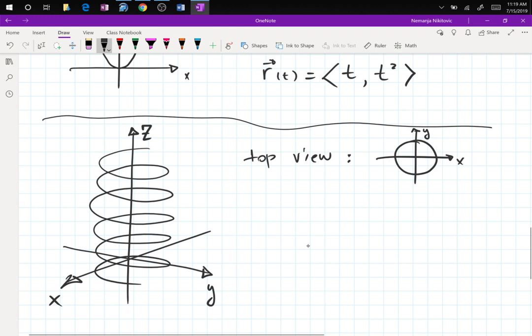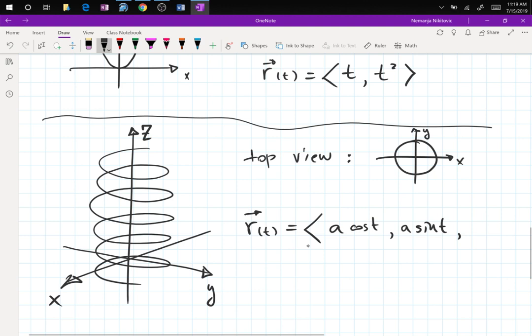So if I am to write the equation R for this, I have to start the x and the y components as a cosine t and b sine, a sine t. There we go. And now all I need to do is to take a look at the side.